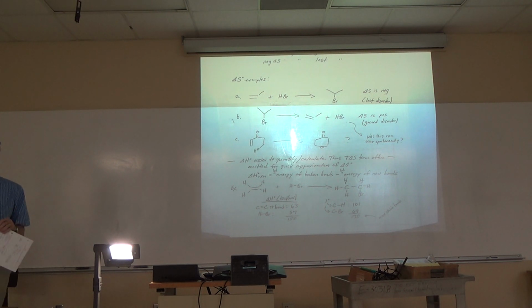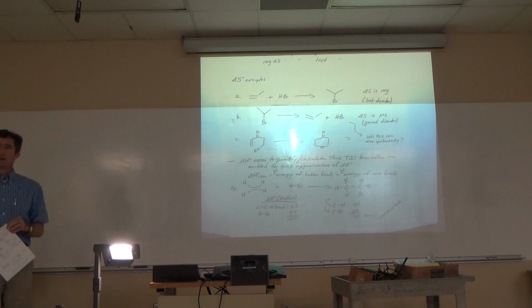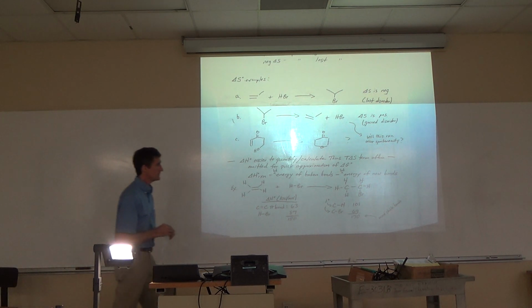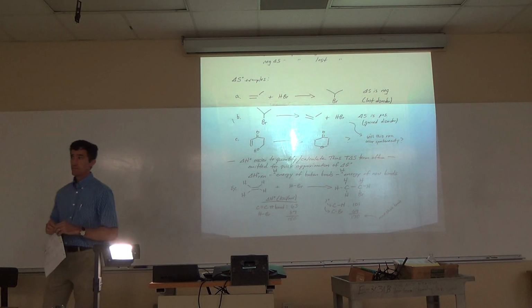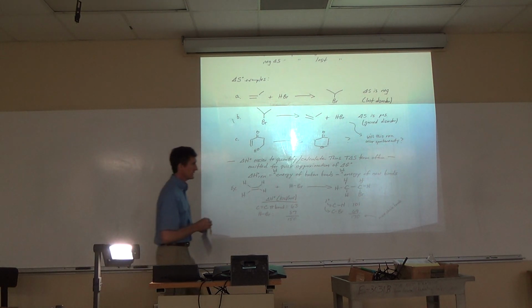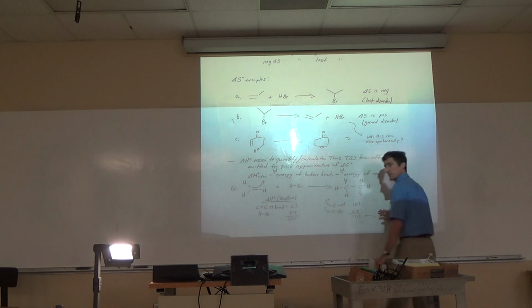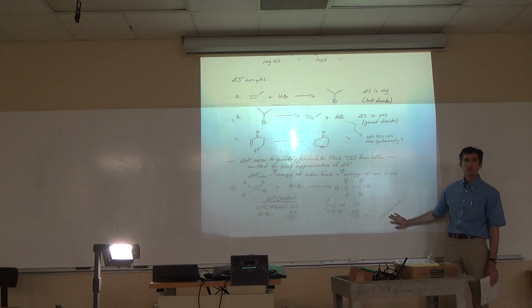How do you know it's exo? You're going in a circle for me though, but how do you know it's negative delta H? Because it's exothermic. It produces more energy. What do you mean it produces more energy? It releases energy from the new bonds.